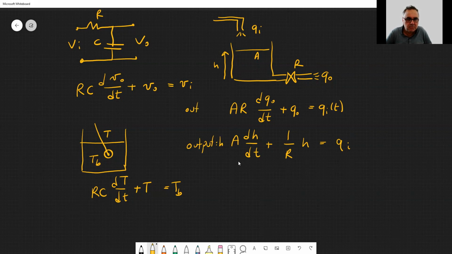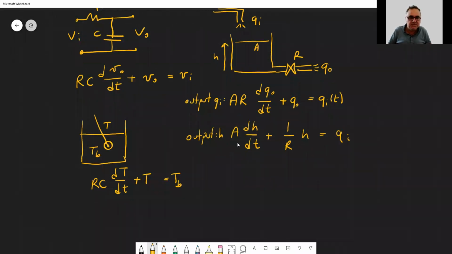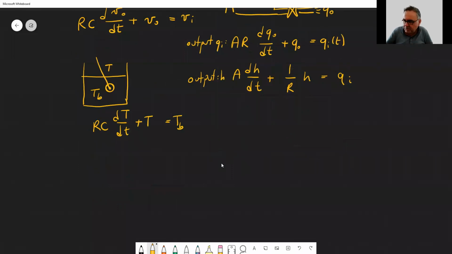Here the output is QO. So you can see that we select our outputs as we wish. And let's select a mechanical system. Let's say that we have a damper and then we have a spring. This cannot be a real mechanical system.